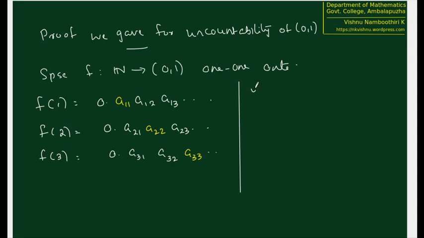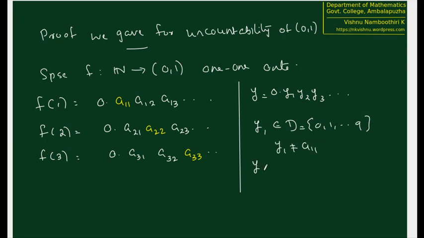We wrote y equal to 0.y1, y2, y3, etc. And we define y1 in the following way. y1 is a digit in D equal to {0, 1, ..., 9}, but y1 not equal to a11, or precisely we took y1 to be from D minus {a11}, and after that y2 we define to be from D minus {a22}, etc., following like this, yi in general from D minus {aii}.